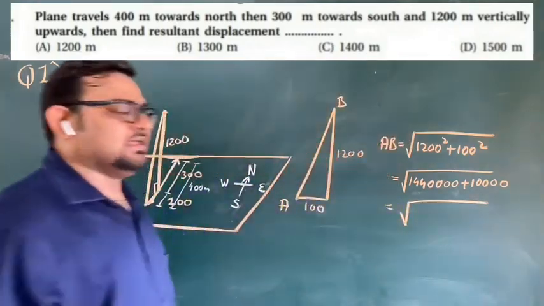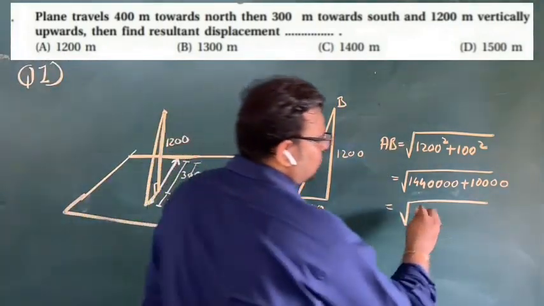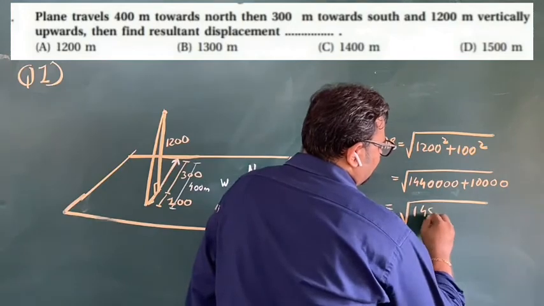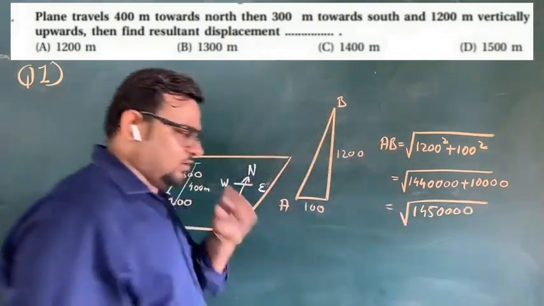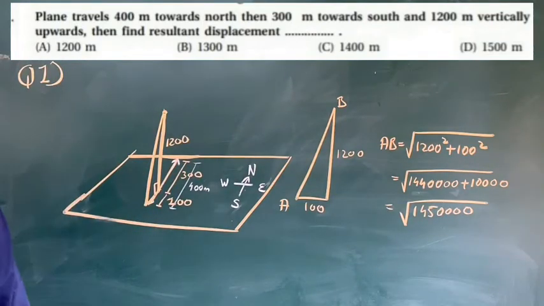So this will be equal to 1450000. Now let me take the square root of 1,450,000.